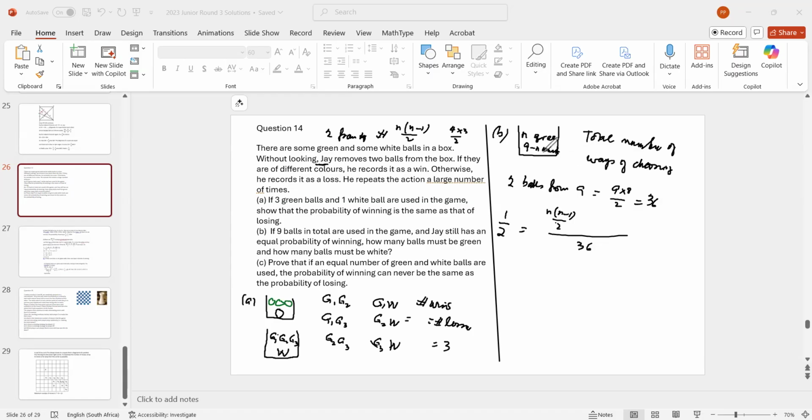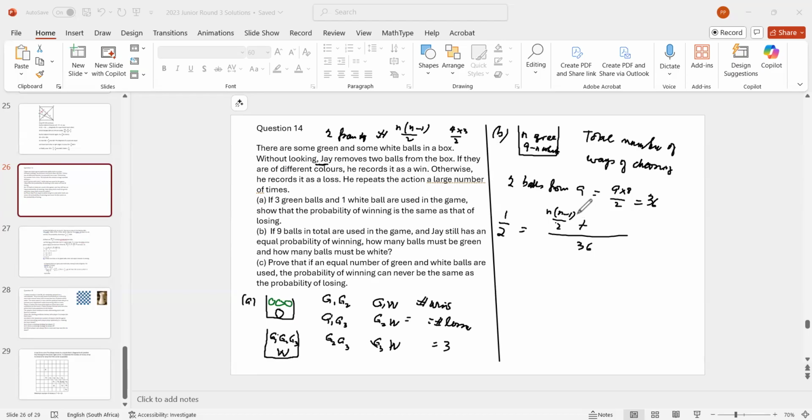Now you want to choose 2 whites from 9 minus n. So this gives you all the pairs like this, 2 greens, right? And we're counting the losses, right? If they are different colors, it's a win. So if they're the same color, it's a loss. So we're counting the losses.